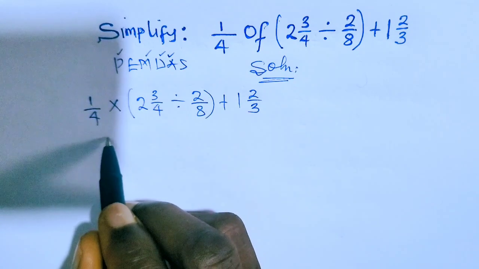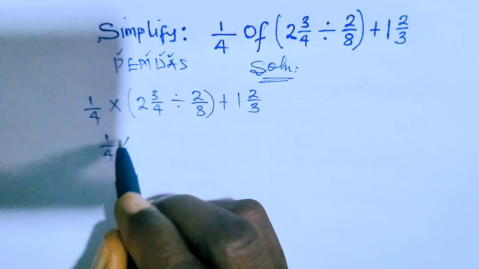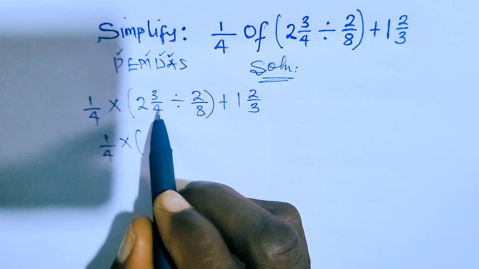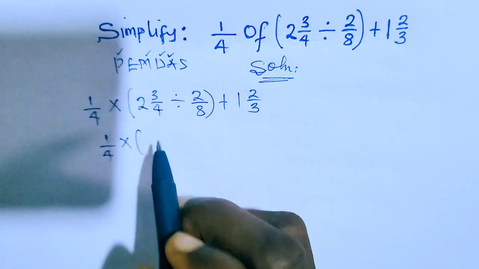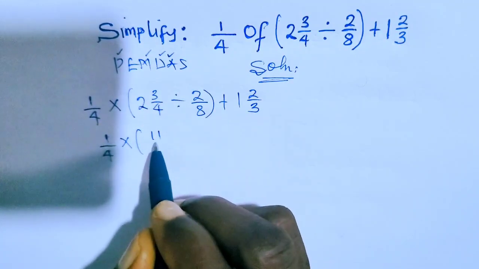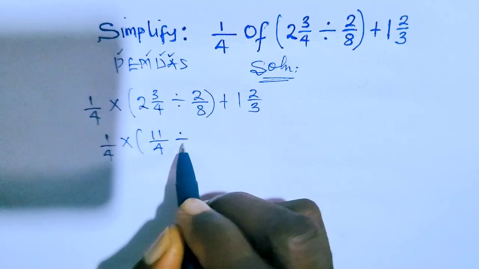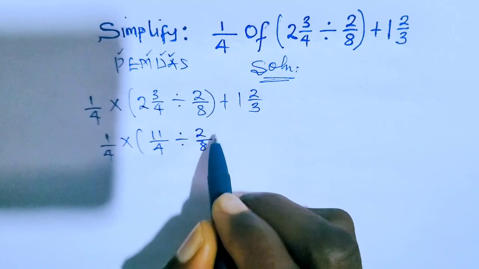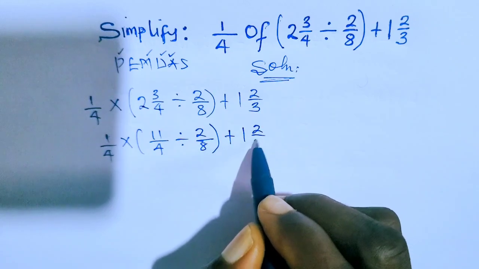And by so doing, you are going to have this: 1 divided by 4 multiplied by, here we have this 4 multiplied by 2, that gives you 8, and 8 plus 3, that gives you 11. Then divided by 4, and here we have divided by 2 over 8, then plus 1 and 2 over 3.